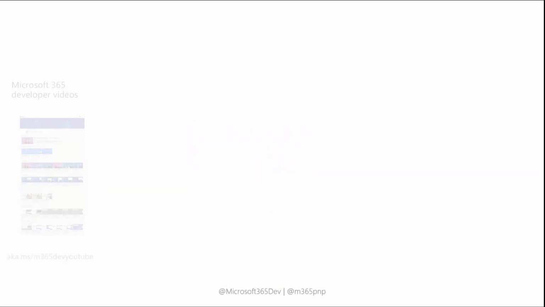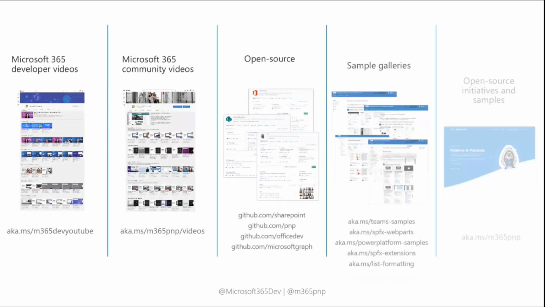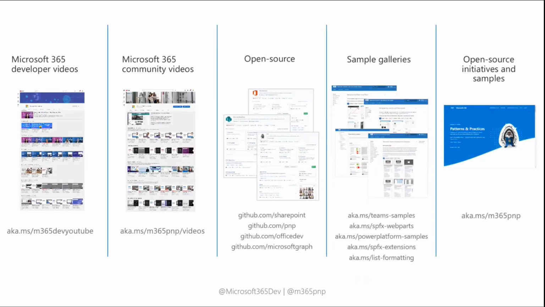So that said, you can stay on track with what we do almost on a daily basis by watching videos on the Maestro 365 Developer Videos channel or in the Maestro 365 community videos. You can have a look at the huge list of open source repositories that we have on GitHub, and especially the galleries like the sample gallery, the SharePoint Framework web part gallery, the extensions and list formatting repositories.